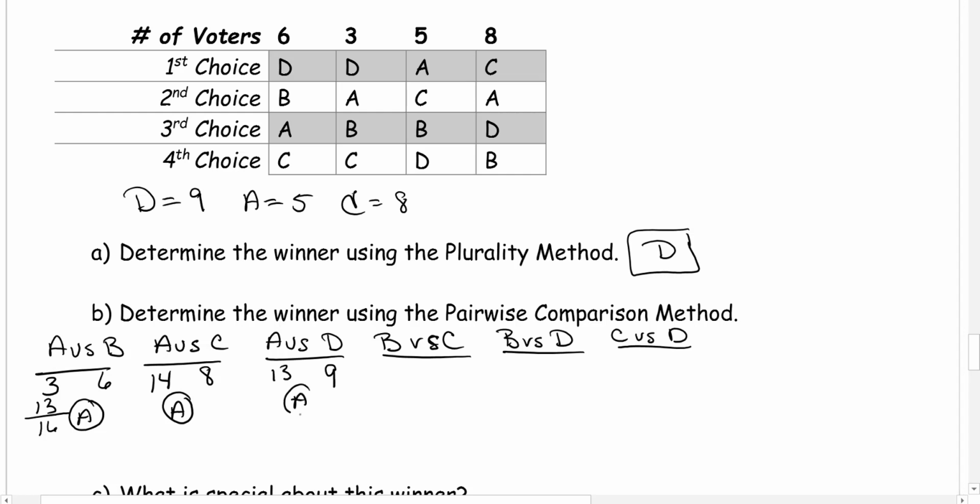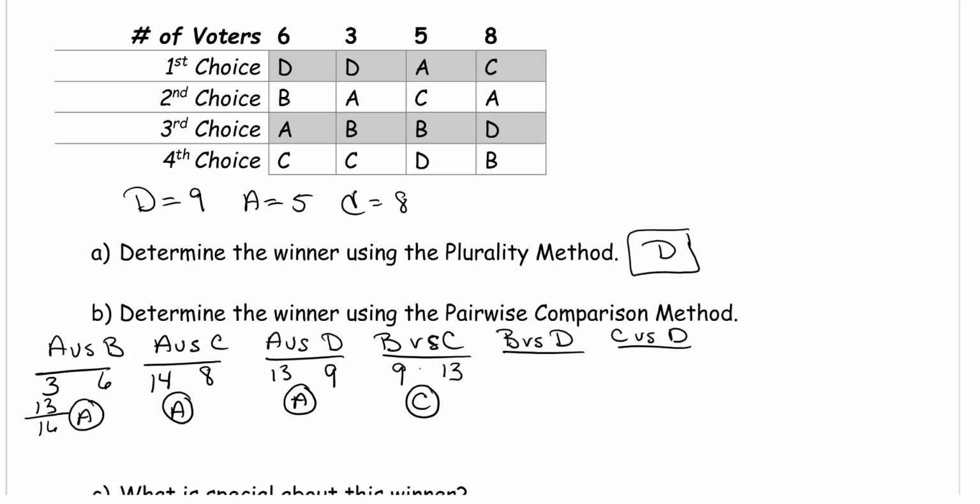So A will get that point. And then B and C. So B wins the first 9, and C wins the 13. So C is going to get that point.